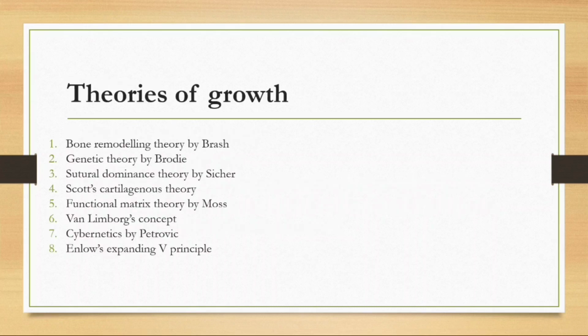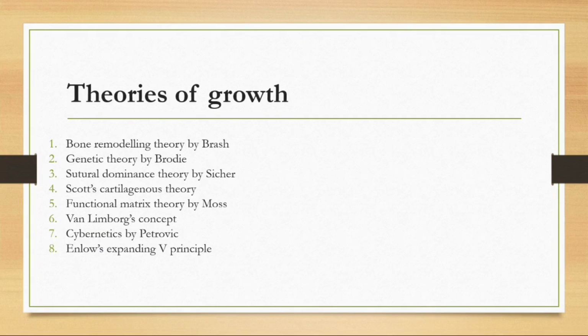So we know theories of growth, there are lots of theories. The most commonly seen are genetic theory, sutural theory, cartilaginous theory, Van der Klaauw's theory, functional matrix theory, Enlow's expanding v principle. We all studied in ortho, so I am not explaining one by one.